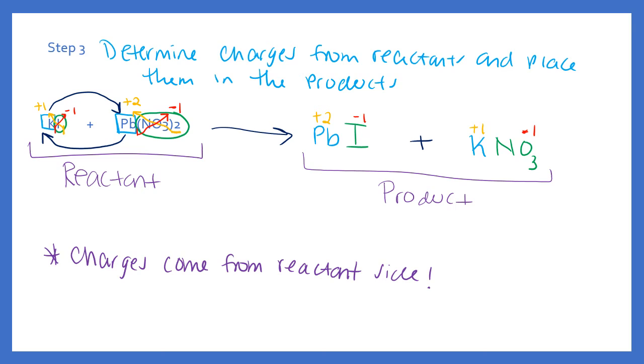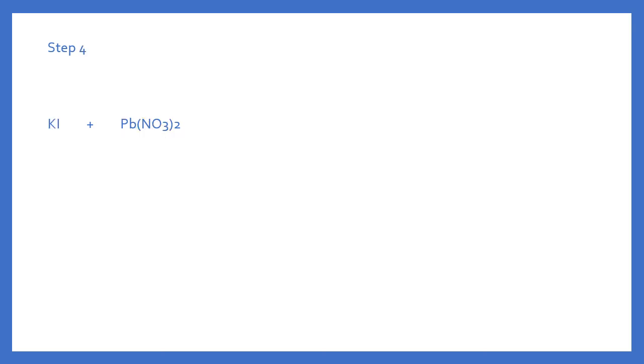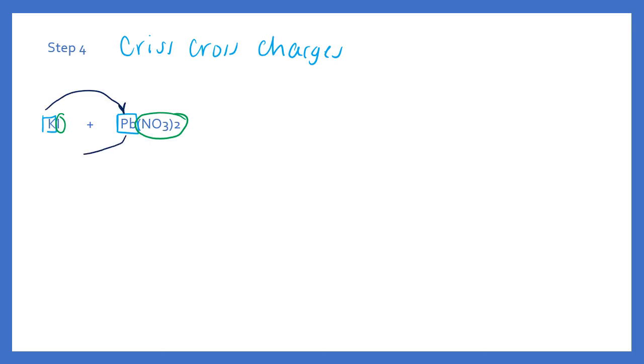Okay, let's move on to step 4, which is crisscross. So step 4 is to crisscross charges. So again, I'm just gonna box in my metals, circle in my non-metals. Again, we swapped potassium and lead. So we had the iodine and the NO3.